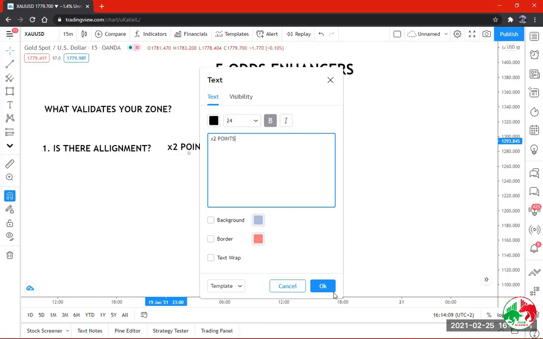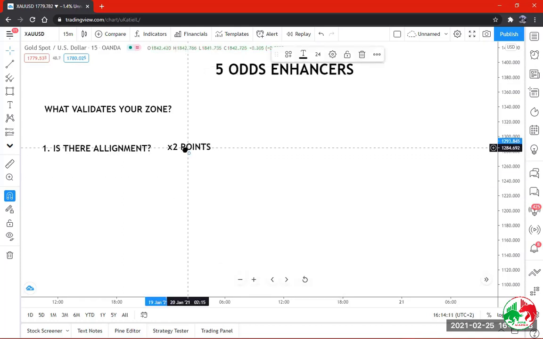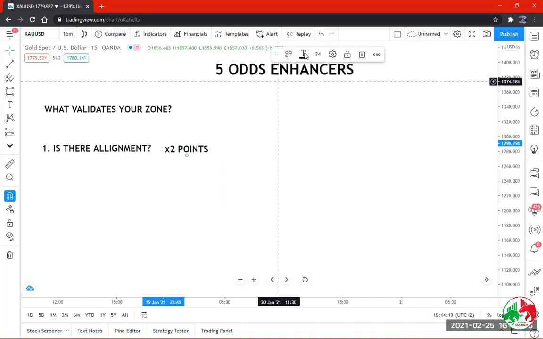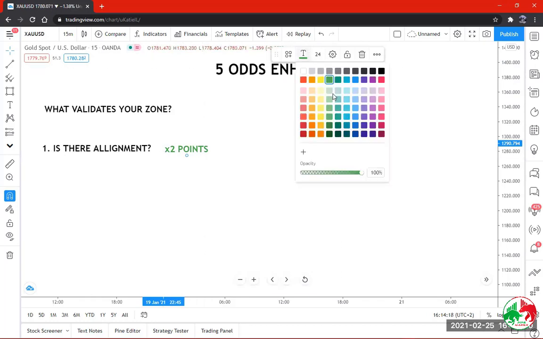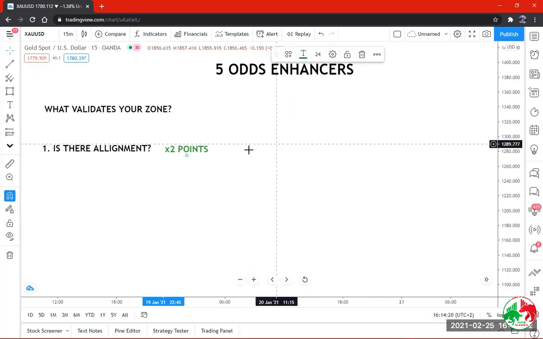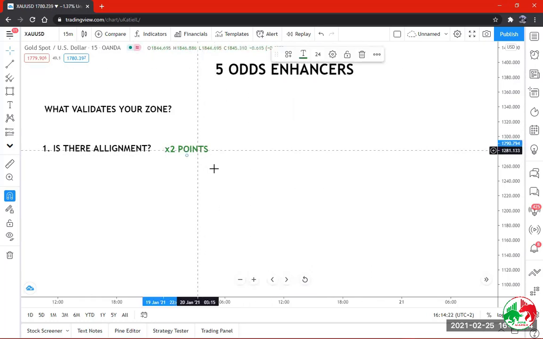Okay, so the previous daily candle. If I am doing the analysis today, for example, I want to make sure that yesterday's daily candle was aligned with the weekly and monthly.